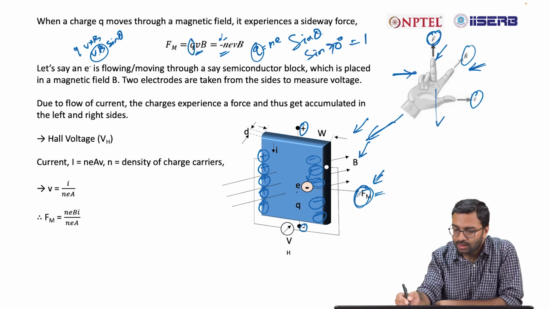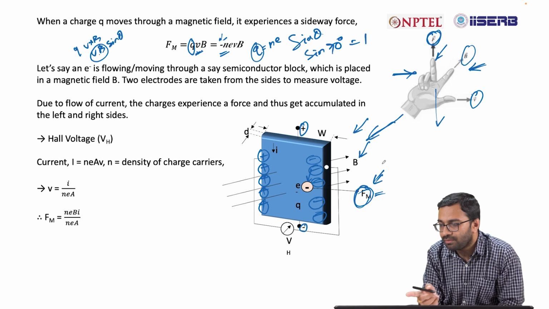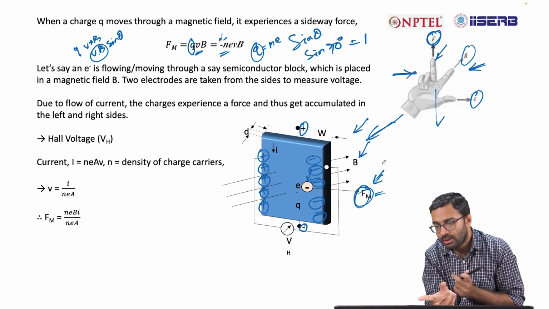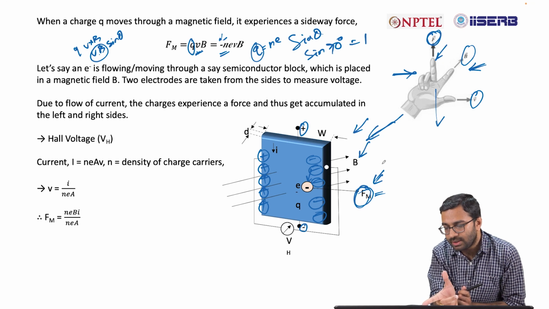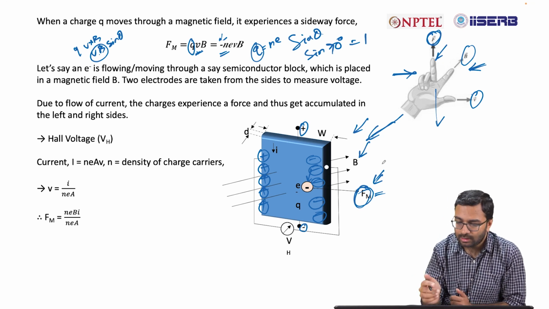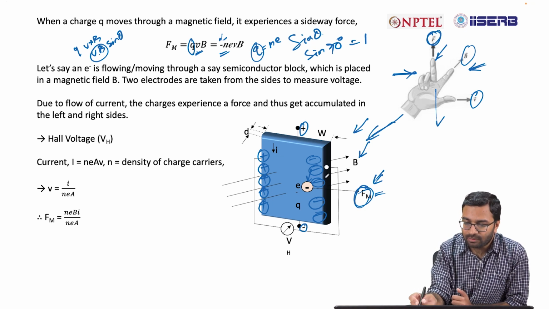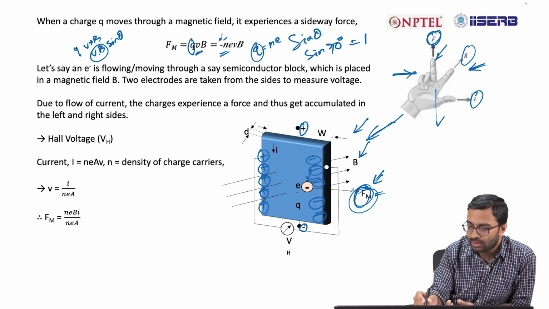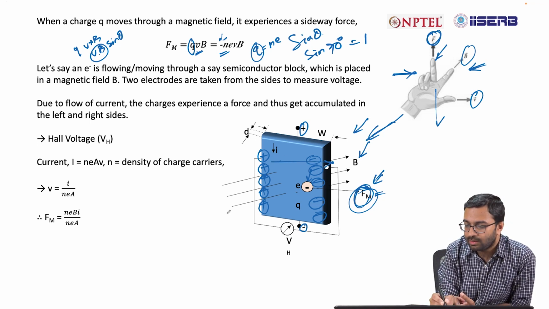on these charges. Now let us see, if B is in this direction and the velocity is in this direction, then you will have an electric force that is opposite to this magnetic force. So the electric force is in this direction for a positive charge.